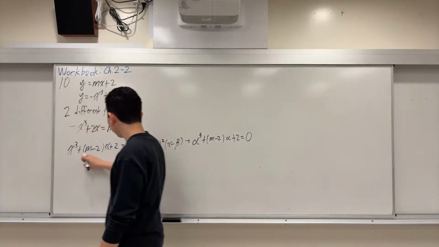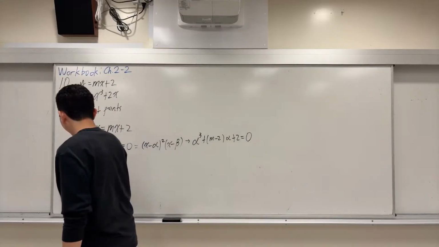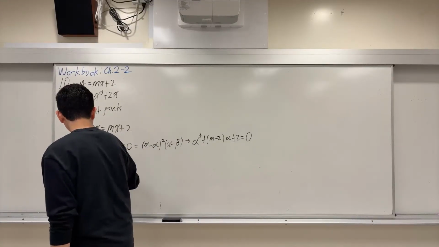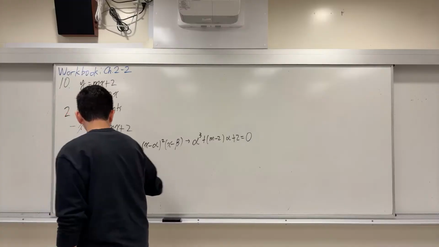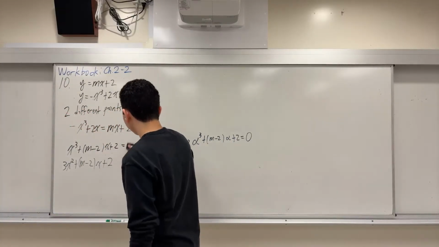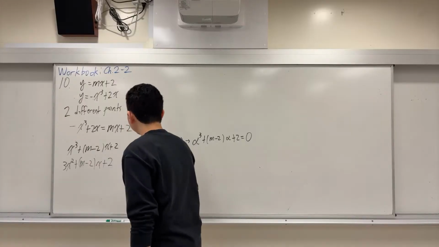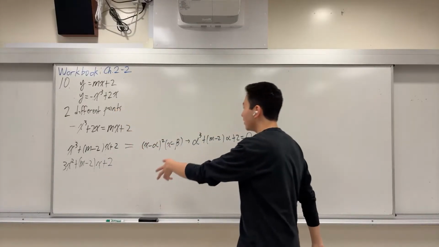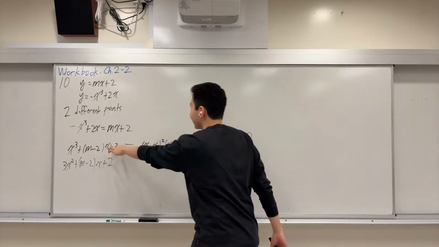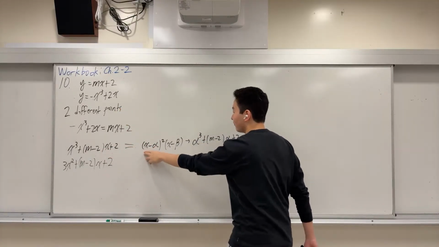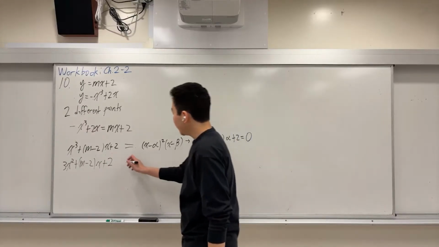Let's take the derivative of this polynomial: 3x squared plus (m minus 2) x plus 2. Now I'll get rid of this 0 for now because it's confusing us. And remember, our goal is to verify that it has only 2 different points. So that's why we set it up like that.